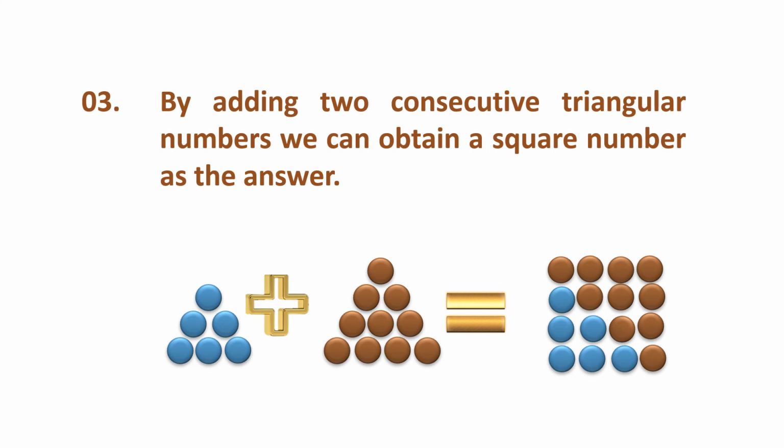Now, when I combine those two together, I can see that I have obtained a square number. Actually, that is my fourth square number. Therefore, I can say by adding two consecutive triangular numbers, we can obtain a square number as the answer. So, this is correct. So, I have to put a tick.